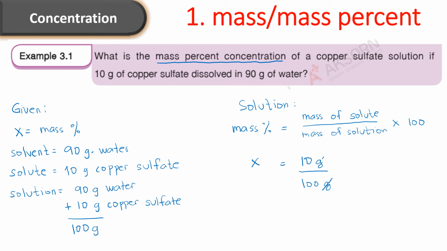Cancel this out, times 100, and you will get 0.1, because 10 divided by 100 is 0.1, times 100, and you will get 10%. Therefore, the mass percent concentration of your copper sulfate solution is 10%. This is your final answer.